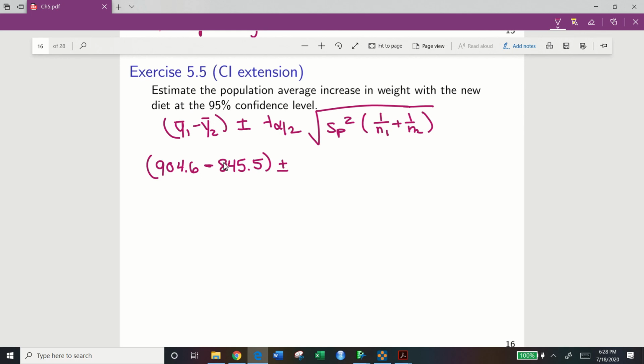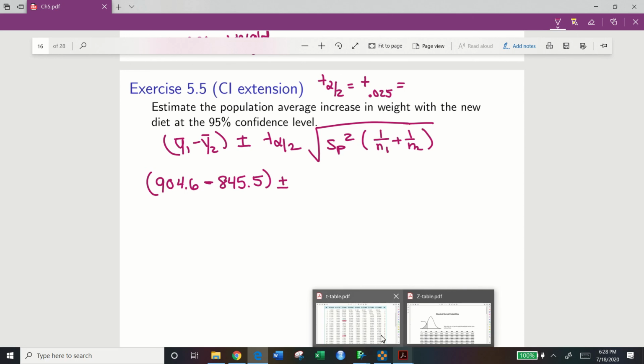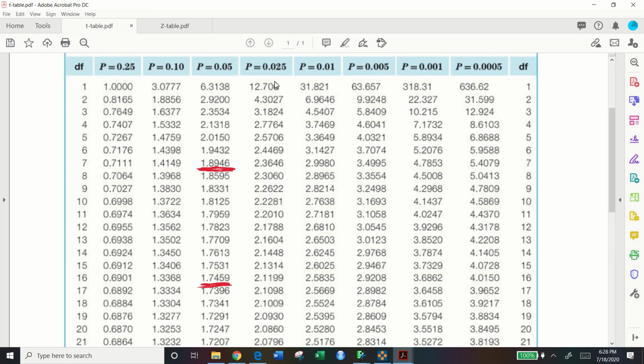Now this value is going to be different because when we did our critical value in our previous slide, it was just T alpha, not T alpha over 2, which means we're going to be finding T of 0.025 instead of 0.05. If we go to our T table, 0.025, still the same degrees of freedom, that's going to be 2.1199.